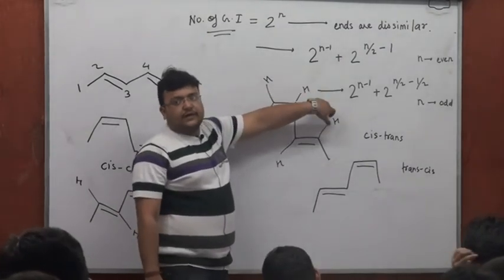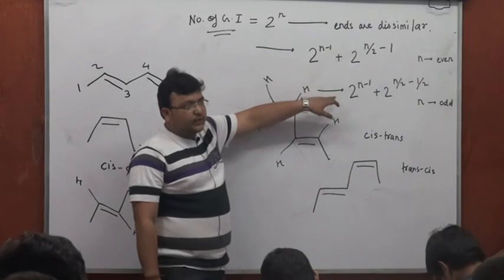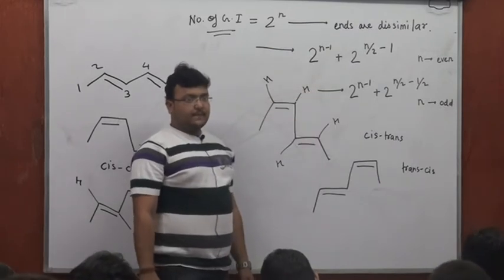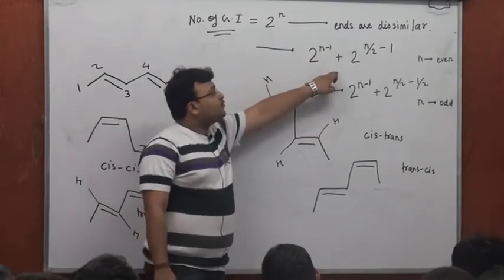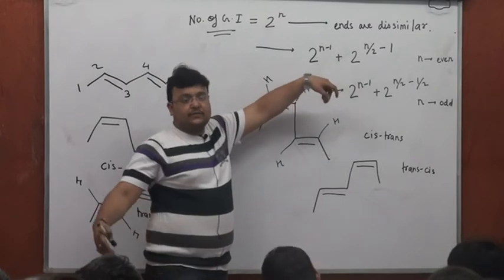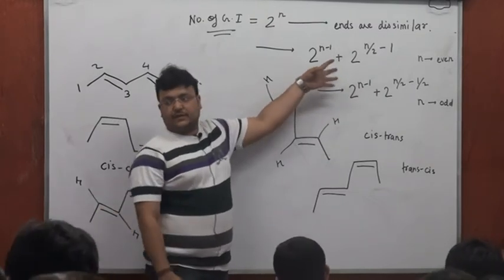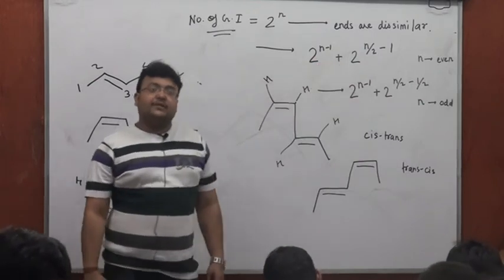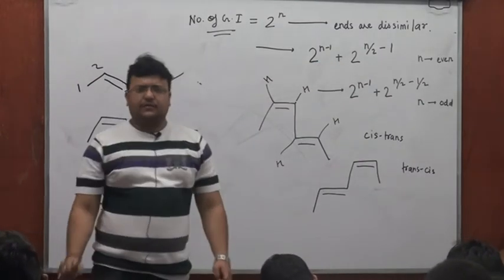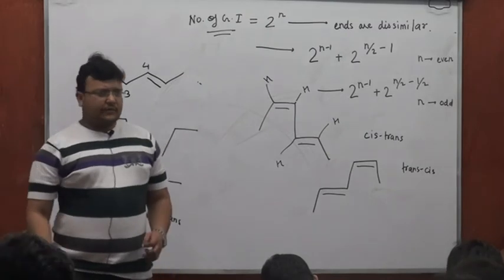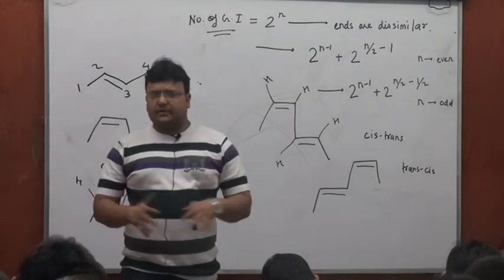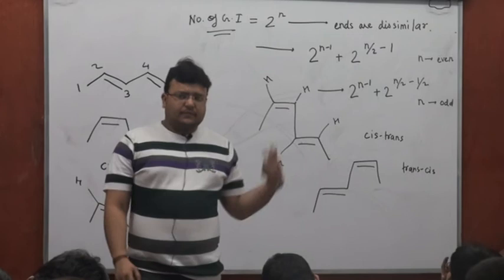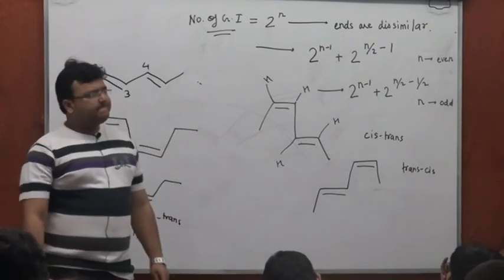Now these two are for when the two ends are similar: 2 to the power n minus 1 plus 2 to the power n by 2 minus 1 if the number of pi bonds is even, and n by 2 minus half if the number of pi bonds is odd. And you'll want to recall this result. In case they give you a big molecule, it's going to come really handy.